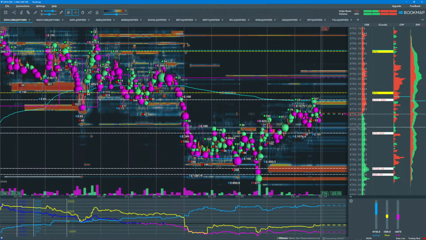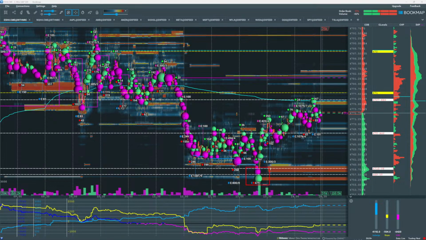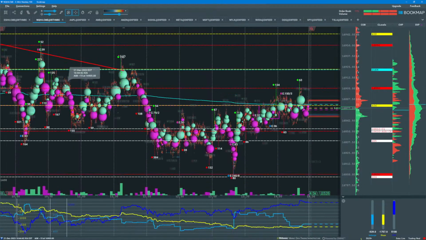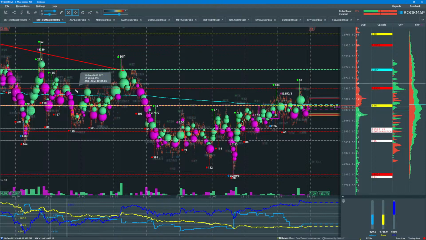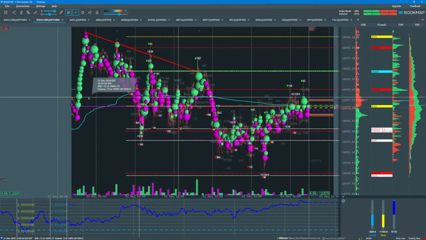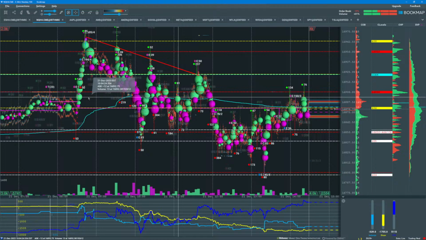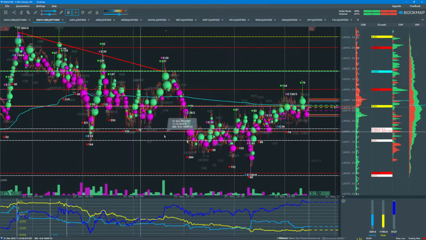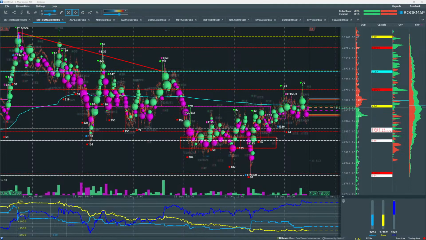All right, so it looks like the ES still trying to recover, finding support at the volatility triggers. Let's check NASDAQ. All right, Michael, you're welcome. And Zachariah, you're welcome as well. All right, NASDAQ. Also finding support around the 405 level.